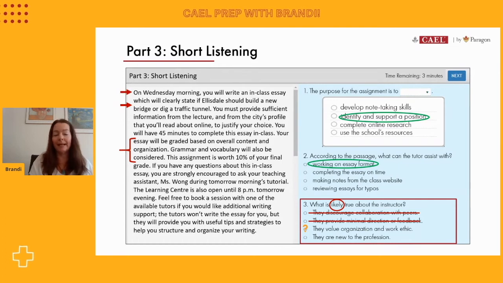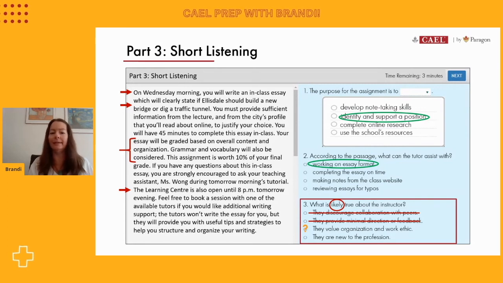Remember, we've established as well that he's going to encourage them to go into the Learning Center and gives them the opening hours. So these details, once again, certainly to me, prove that this instructor is very organized. He's put a lot of forethought into planning this assignment out and preparing those students to do well. So that shows that he's organized, all right?